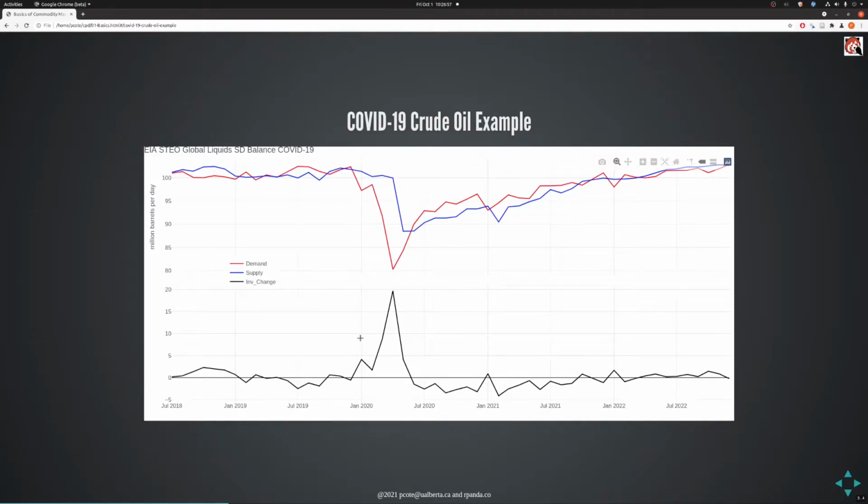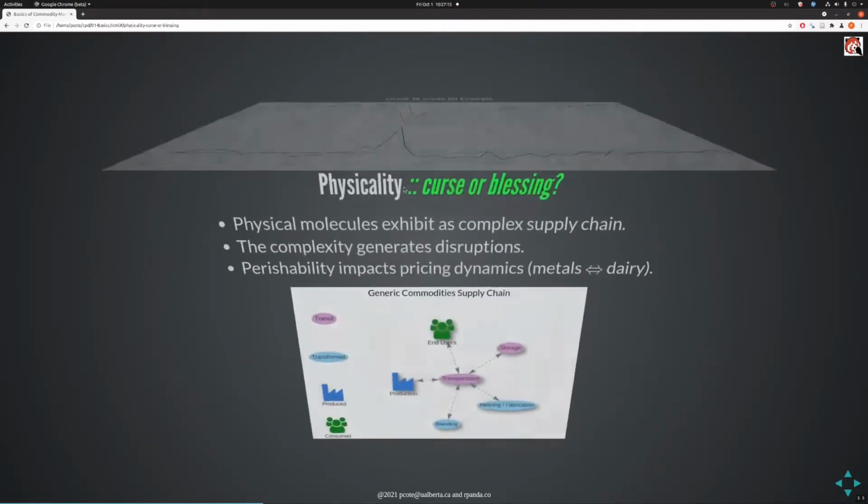And because storage is fixed capacity, if supply does not readjust and realign with demand quickly, at some point in time, the price is the market mechanism that will force suppliers to stop producing. So what we saw here is effectively OPEC, through a managed cut, trying to re-establish supply and demand balance.